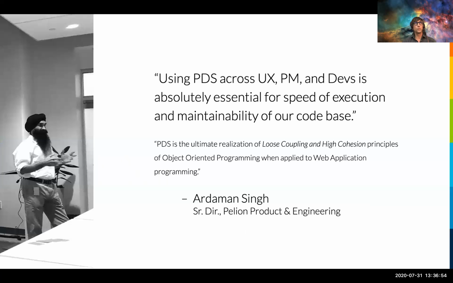Actually, it's well stated by Arteman, where he talked about the value of a design system. Using the Pelion design system across UX, PM, and devs is absolutely essential for speed of execution and maintainability of our code base. And then he takes a deeper dive into object-oriented programming, which is a bit beyond me. But what I understand that means is the ultimate realization of loose coupling and high cohesion, and anyone can jump in here who understands this term better than me.